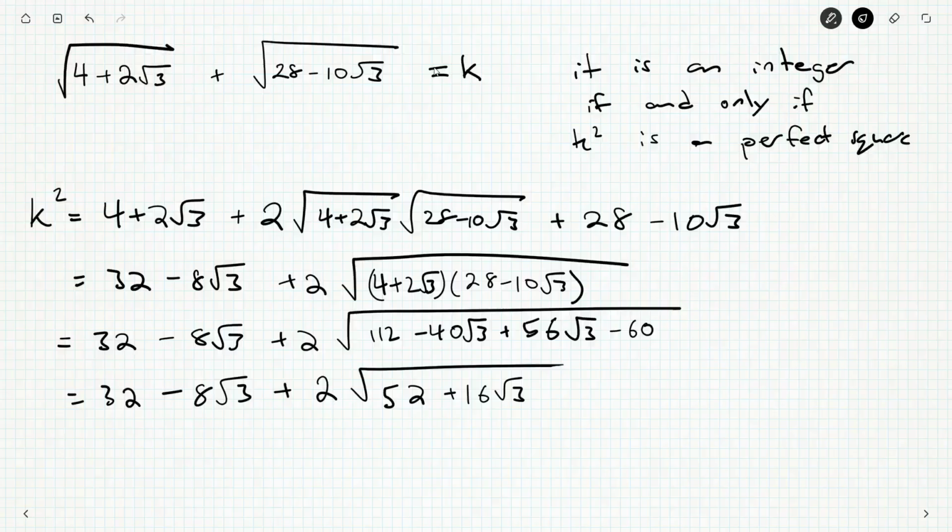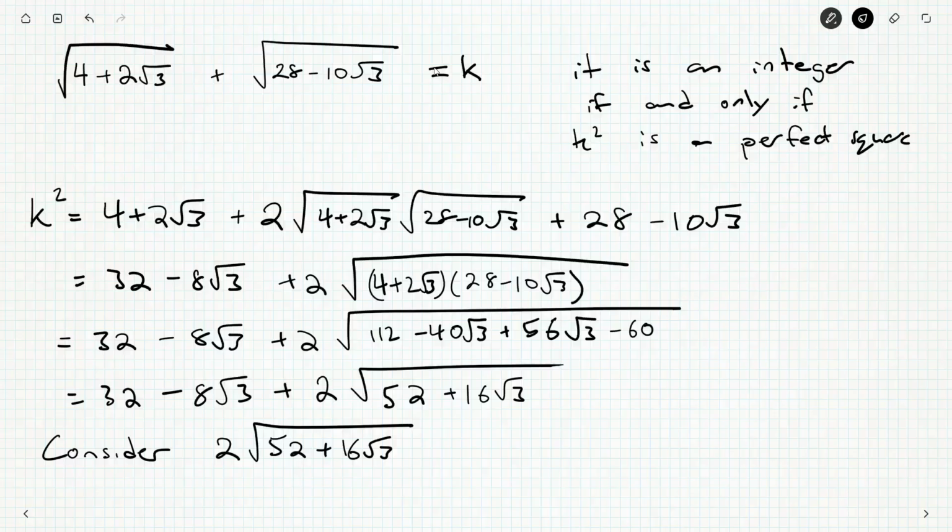So let's just take a look at this part here. So 2 times the square root of 52 plus 16 root 3. I think that should probably look like something like a plus 8 root 3 when all is said and done. But can I actually show that?